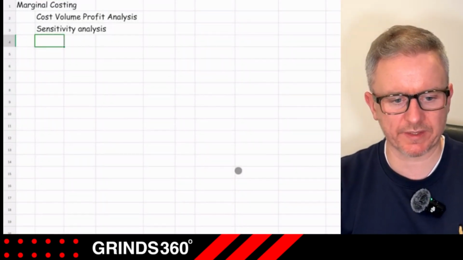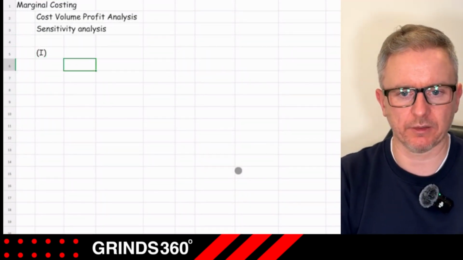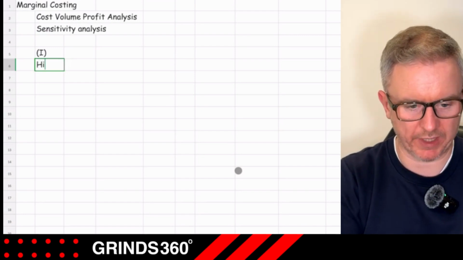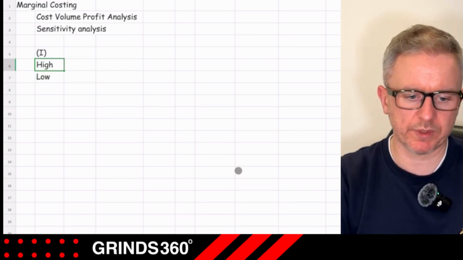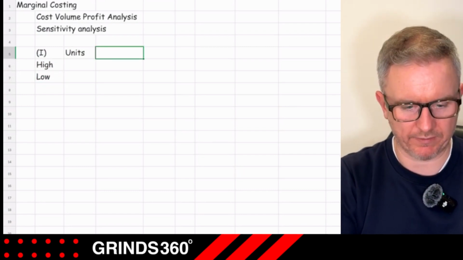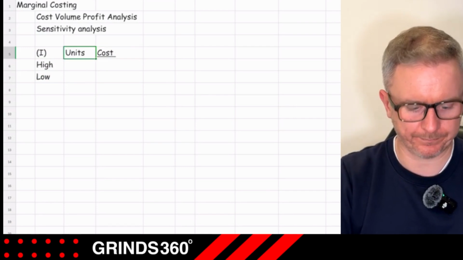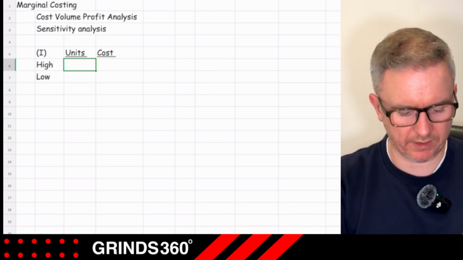Starting off this question, your first little step is to use the high-low method to calculate the variable and the fixed part. So we're taking the highest number of units, the lowest number of units, and then we have the cost associated with each of them. As we go down through it, what was the highest number of units?